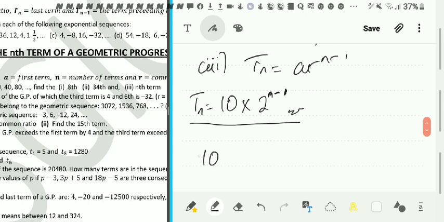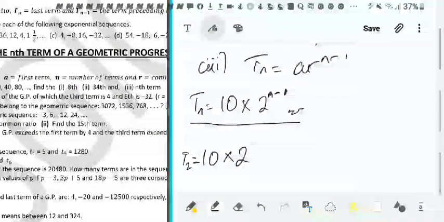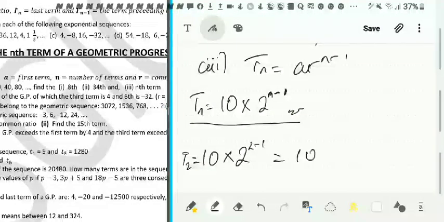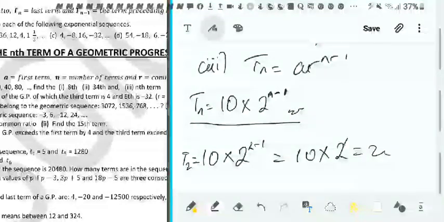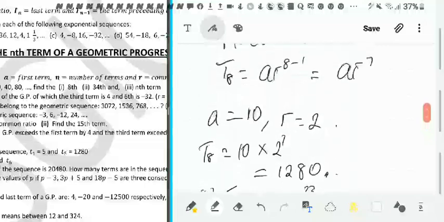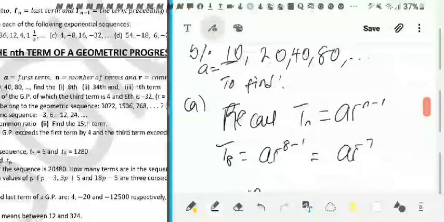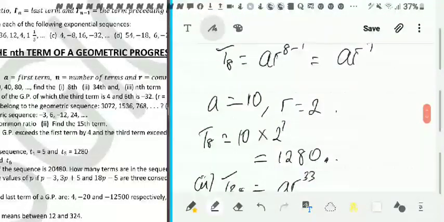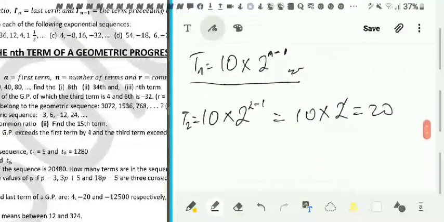We'll be having T2 equals 10 times 2 raised to the power of 2 minus 1. 10 times 2 raised to the power of 1, giving you 20, which was already our second term. So when you get the nth term of any sequence, you can just substitute the value of n to find any term in the sequence.